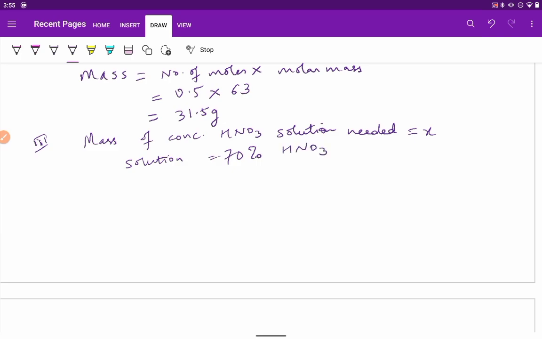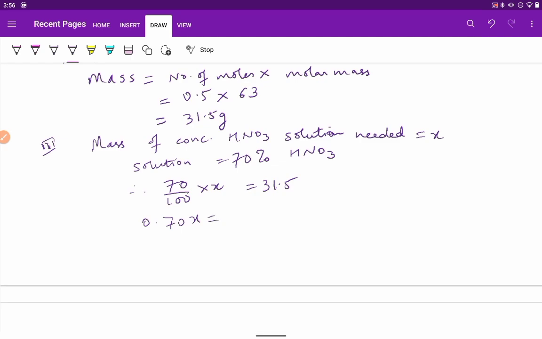Therefore, 70 by 100 into X should be equal to 31.5. So on calculating from here, we get that X equal to, so 70 by 100, what it will become? 0.70X equal to 31.5.